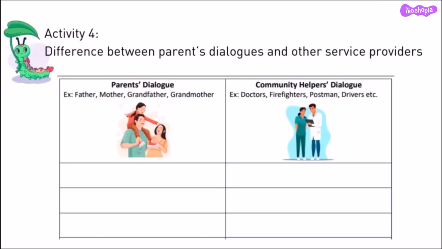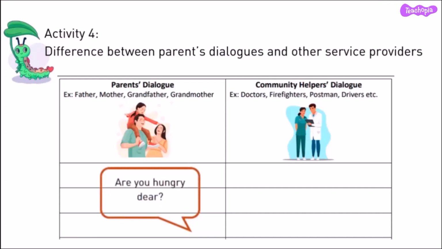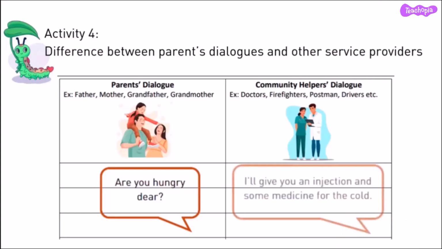The learners will cut out each speech bubble given above containing a question or a sentence using scissors and paste them under the correct column. Under the left column, if those questions or exclamations are said by parents, or on the right, if those are things said mostly by community helpers.